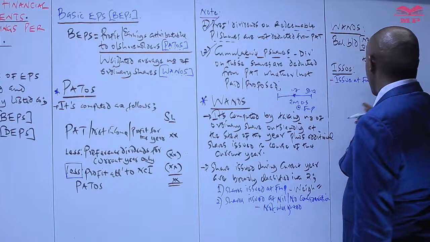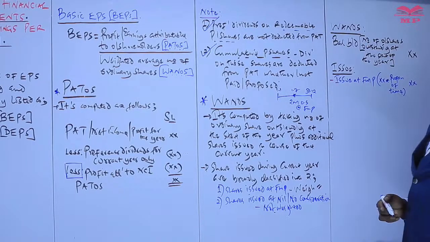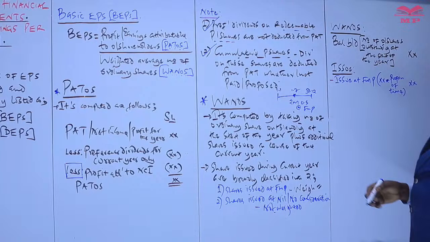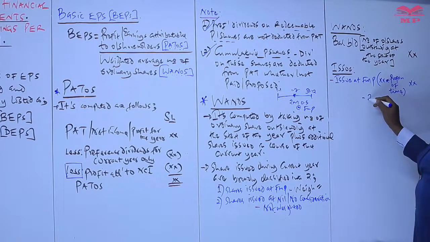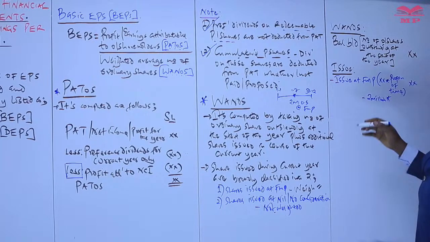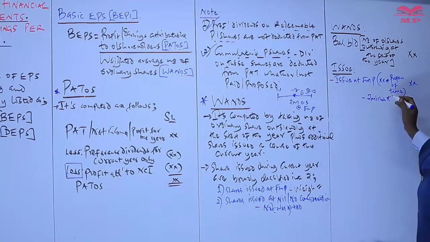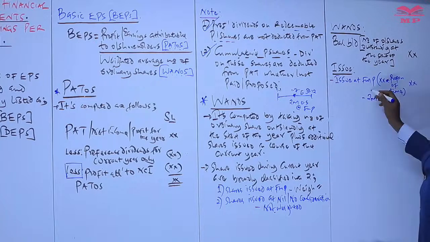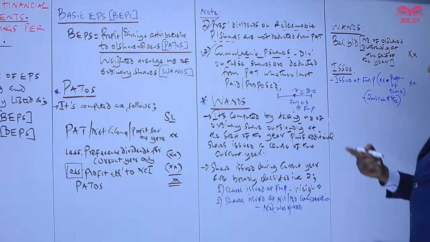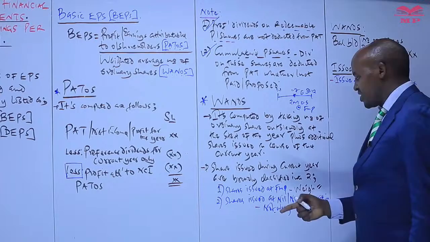When adding those shares to the shares issued and fully paid at the start of the year, we don't add them as 2 million. Rather, we take the 2 million shares and multiply them with the proportion of time they were held. The shares were held for 6 months out of 12. Whatever you get is what you bring there. That's what we mean by weighing those shares on time basis.